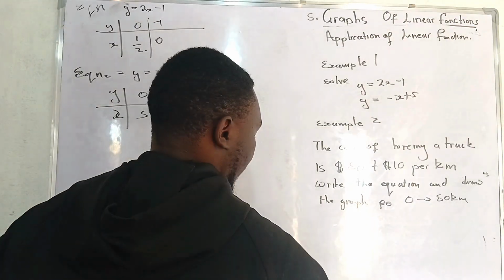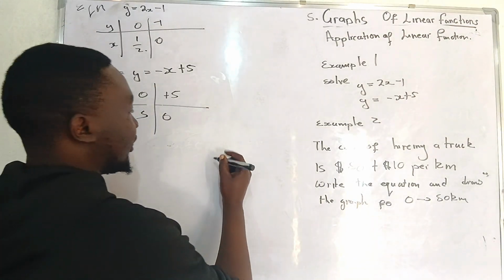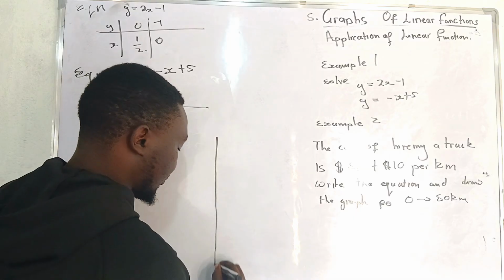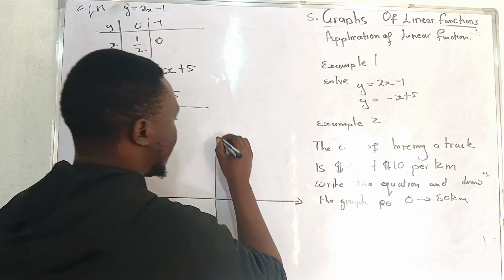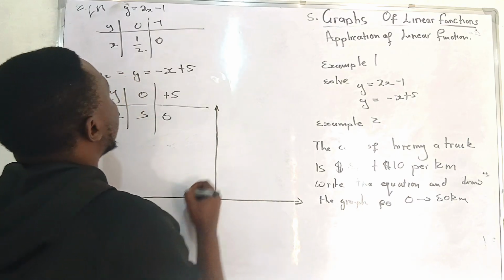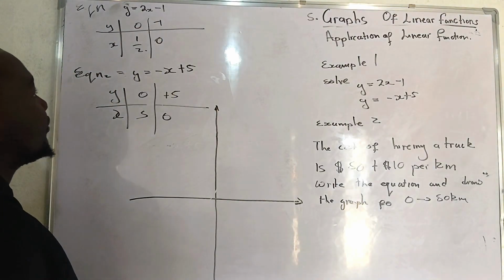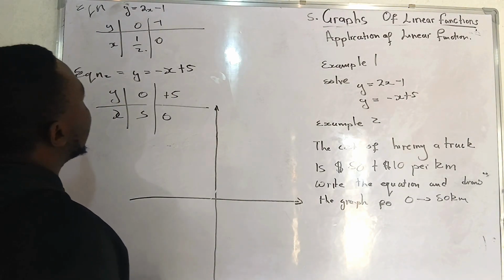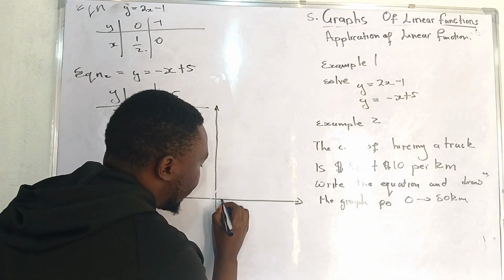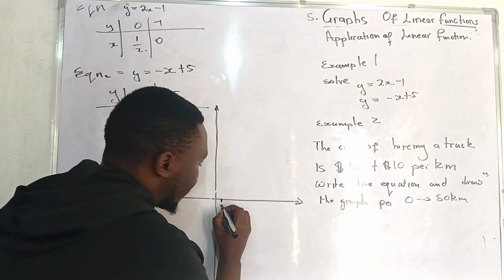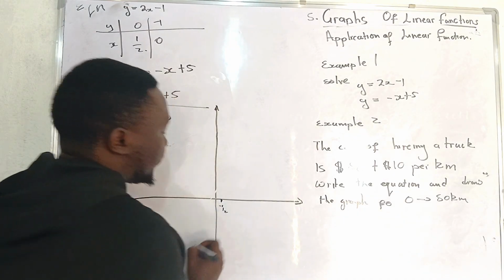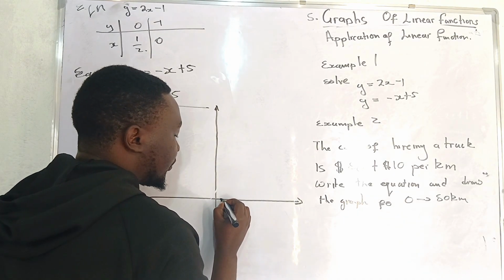So let's have our Cartesian plane and plot the first graph. When x is a half, y is 0, so this is our first point.